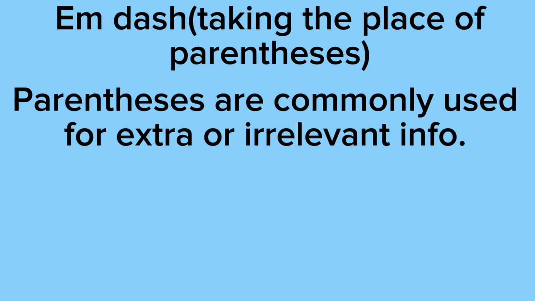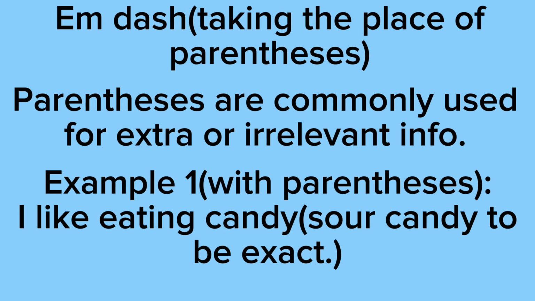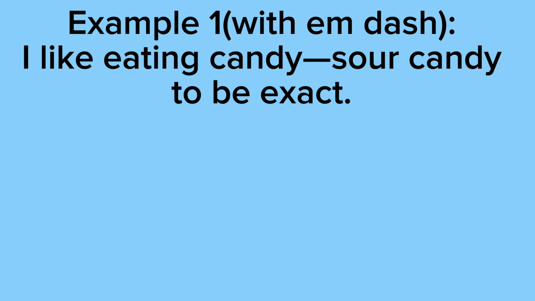Next, we have the em dash being used to take the place of parentheses. Parentheses are commonly used for extra or irrelevant info. So example 1 with parentheses says, "I like eating candy (sour candy to be exact)." So if we take that same example and use an em dash instead, it would say, "I like eating candy—sour candy to be exact."